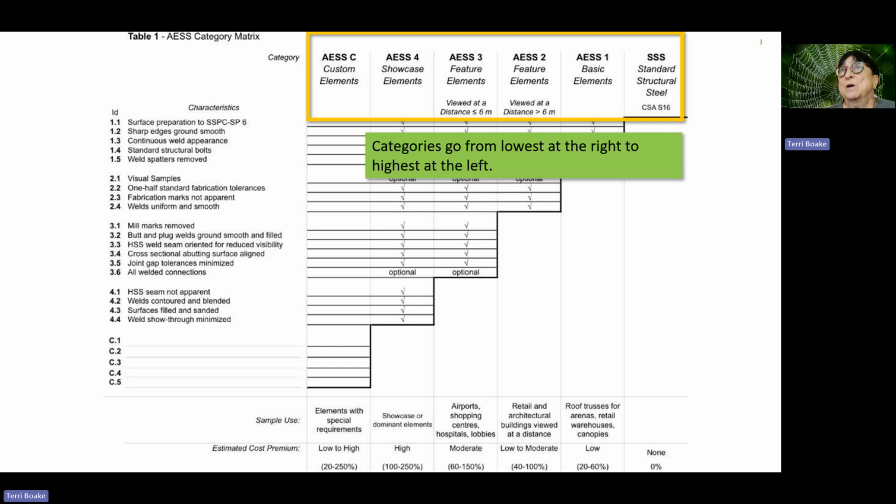For AESS, we start at basic elements where we are exposing the steel, working up through AESS 2 feature elements viewed at distance more than 6 meters, feature elements for AESS 3 less than 6 meters, and AESS 4 we have showcase or very sort of sculptural high-end elements. We also have a custom category where people who are quite adept with the system might want to select some of the characteristics and not others.